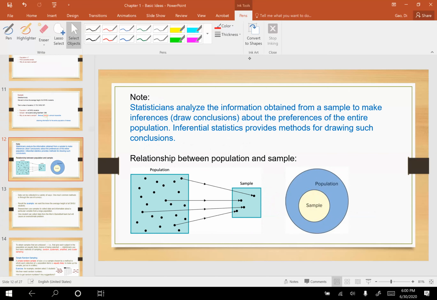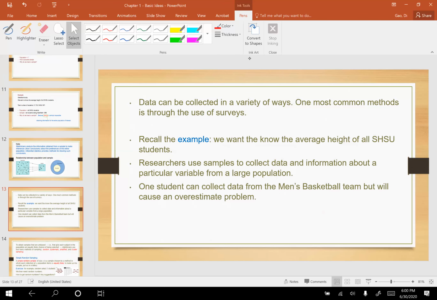So we have to collect a sample and then use the sample to make inferences about the population. For this first brief video lecture, let's just stop here. Starting from slide 13, we're going to record another video lecture.